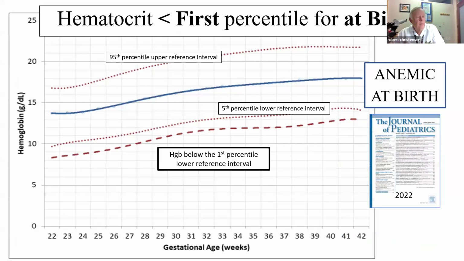Now, this is a study where we employed that reference range to look at babies who were, by this definition, anemic at birth. We asked, how many have we gotten? Who are they? What's the cause of their anemia? This is from the Journal of Pediatrics in 2022. So again, you see this same reference interval, gestational age, hemoglobin, and the lines, first, fifth, 50th, 95th percentile.